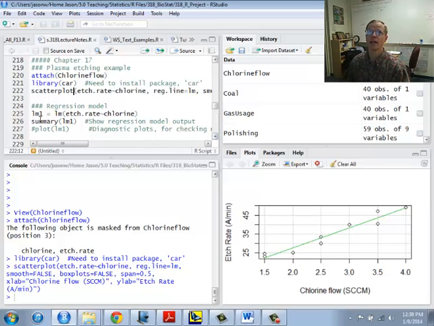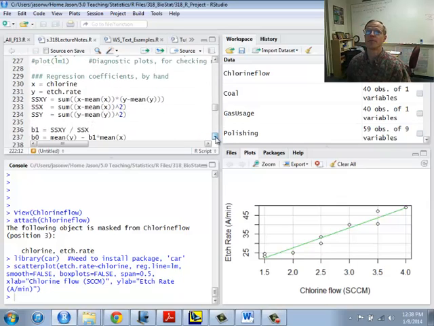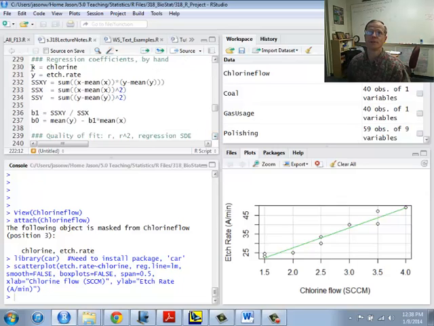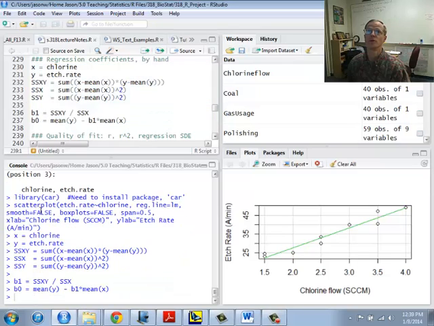And you can see it. Now, to get the actual commands, let's see. Here's the steps that I took in the notes there. Just run those. And you can see I've just called X and Y my appropriate variables.